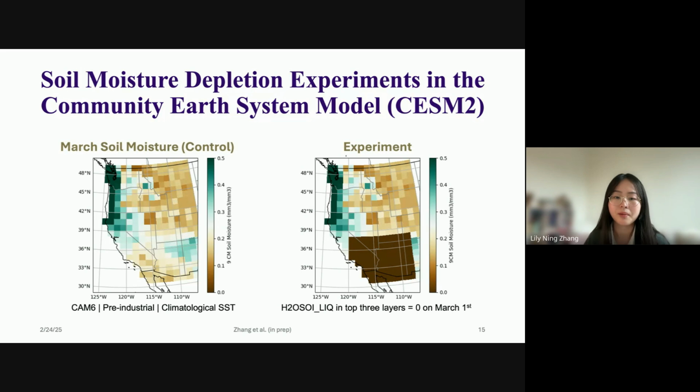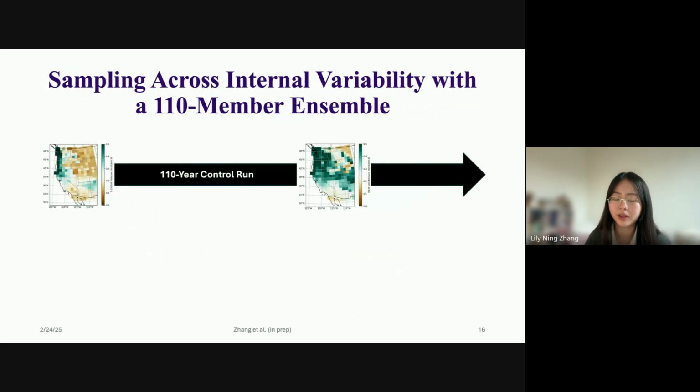The model setup that I'm using for my control run is CAM6, so coupled land atmosphere, pre-industrial forcings, and importantly, prescribed climatological SSTs. In order to sample across a variety of starting conditions for both the land surface and the atmosphere, I create this 110 member ensemble by first running our control run for 110 years.